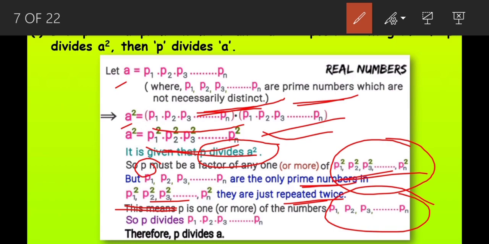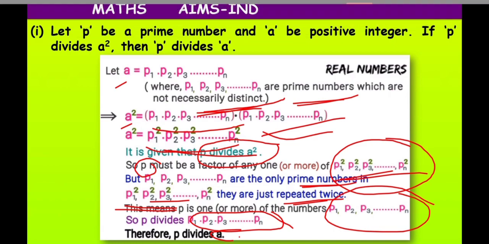So P divides P1, P2, P3 up to Pn, and what is this number? This number is A. So P divides A. We have theorems like this, which are extended forms of the fundamental theorem of arithmetic.